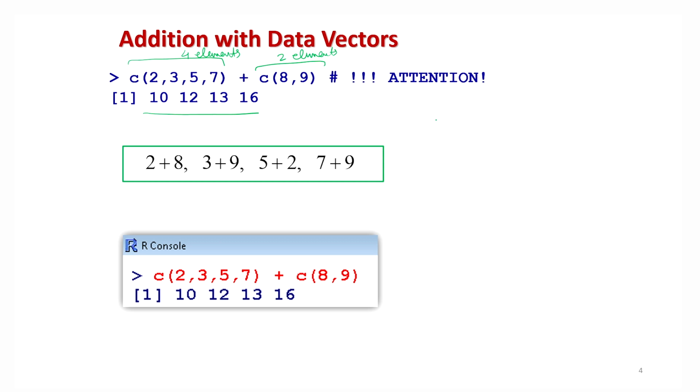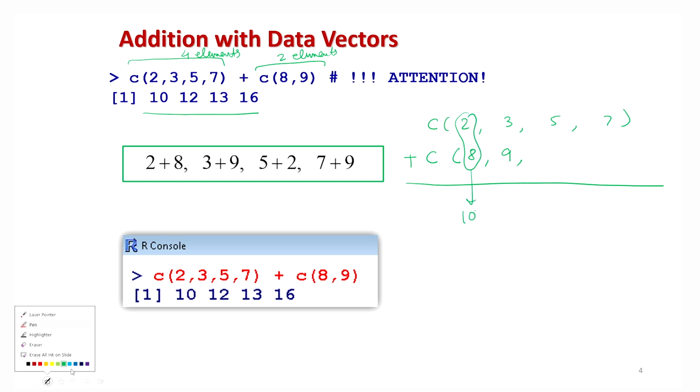Suppose I write 4 numbers here: 2, 3, 5 and 7. This is my data vector 1, and the second data vector is c(8, 9). When the operation starts, first this 2 and 8 get added and the answer is 10. Similarly, the numbers at the second position in the two data vectors get added and we get 12.